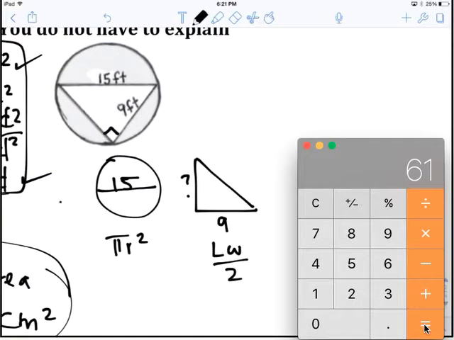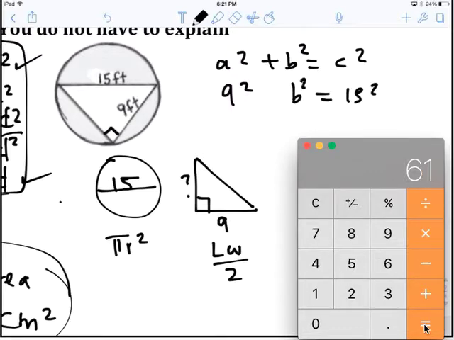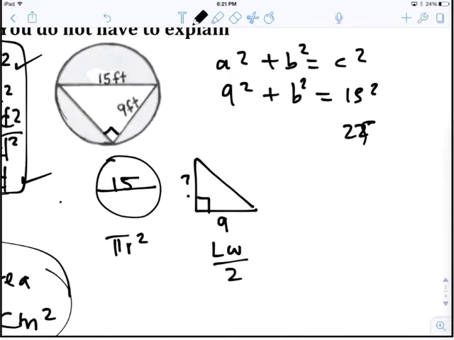We don't know one of the legs, so we need to do a squared plus b squared equals c squared. 9 squared, and 15 is c. 225 equals 81 plus b squared.